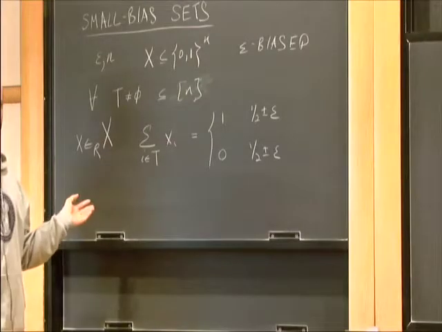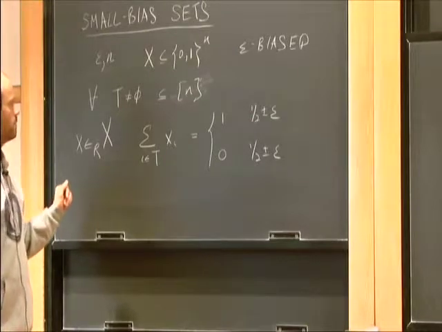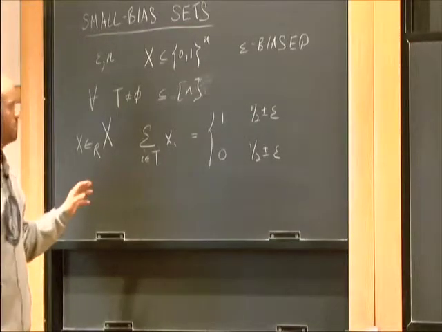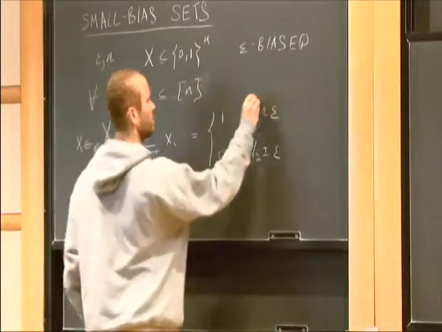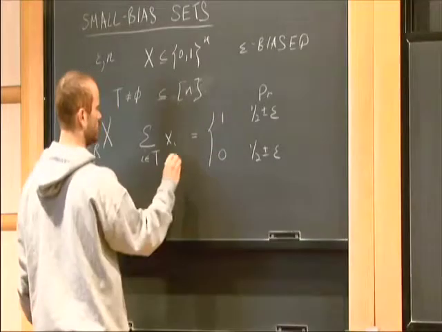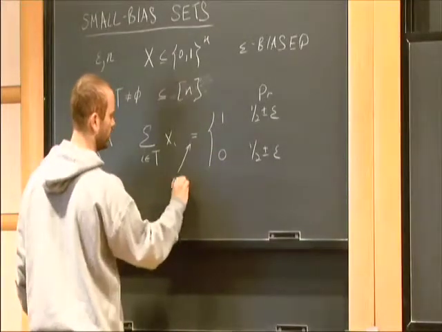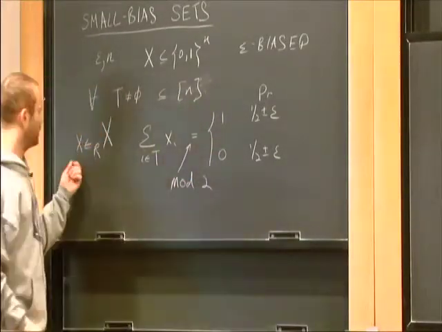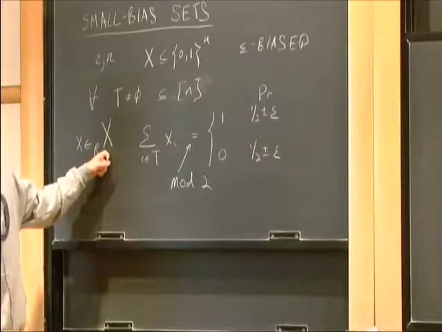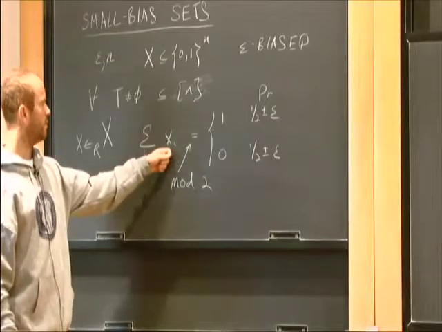So this is one way to define it. You mean that the difference from a half. Yeah. So this is a probability, and this is modulo 2. We choose an element of this set uniformly at random.